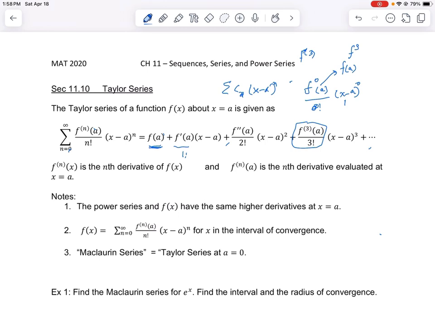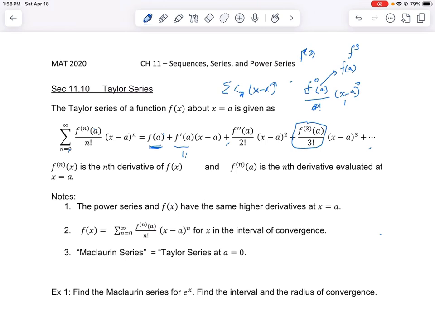So some things to note: the power series and the function f of x have the same higher derivatives at x equal to a. So all the derivatives of the series and the derivatives of the function are the same thing.